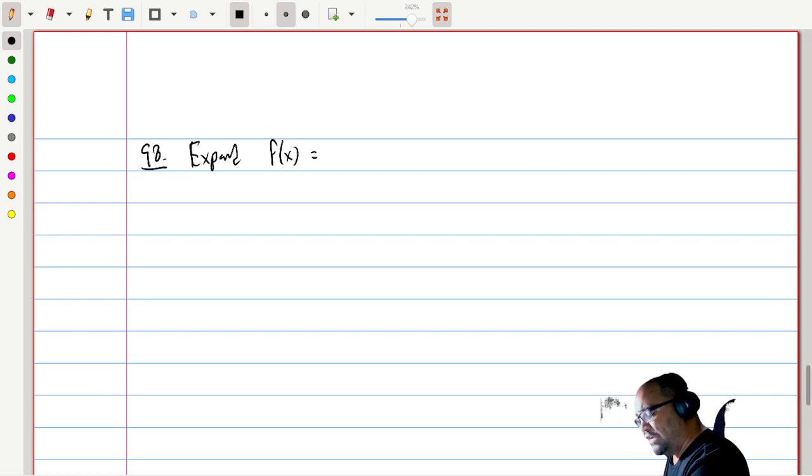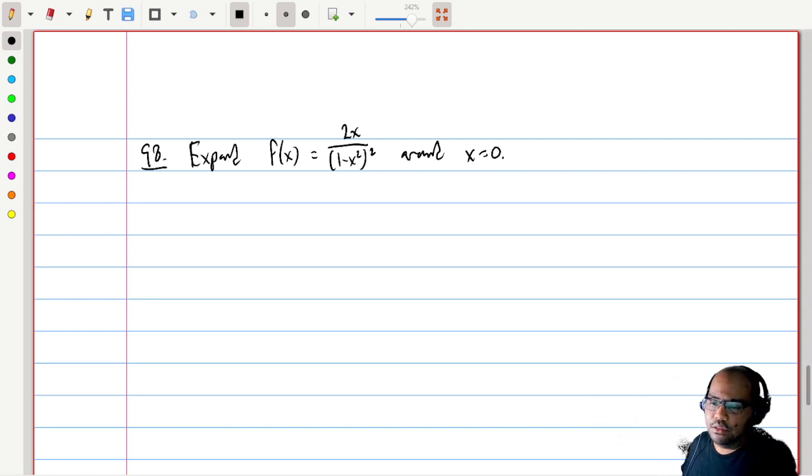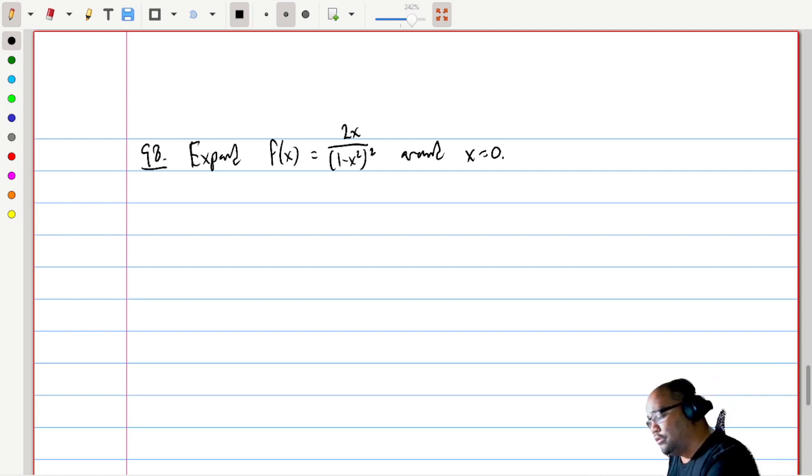So we're looking at f of x equals 2x over (1 minus x squared) squared around x equals 0. All right, so we're going to go ahead and start with a helper function, because this looks a little complicated.